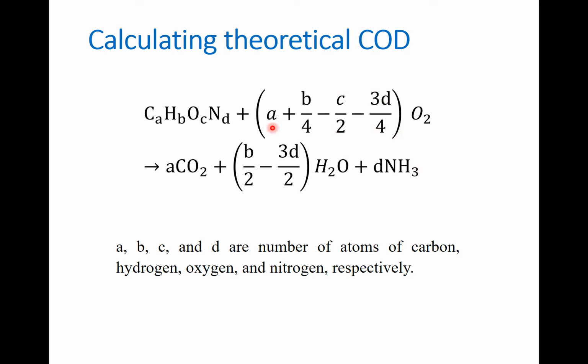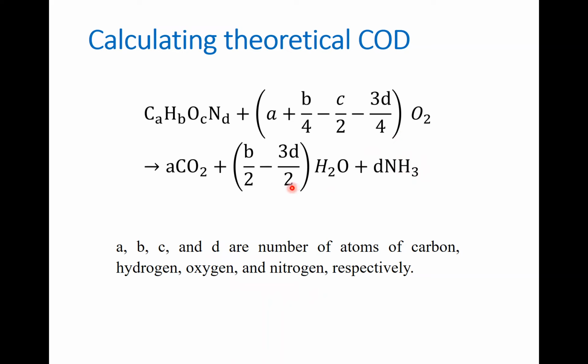I need to have a, number of atoms of carbon, plus b, number of atoms of hydrogen divided by 4, minus c, number of atoms of oxygen divided by 2, minus 3d, number of atoms of nitrogen divided by 4. This gives you how many moles of oxygen I need to completely oxidize this material to carbon dioxide, to water, and then of course I will have some ammonia produced in this case.